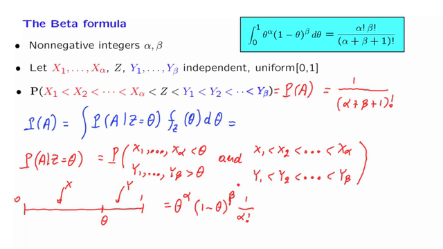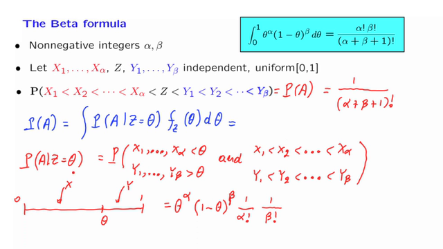And similarly, if I tell you that the y's all fell in this interval, by symmetry, the probability of a particular order is going to be 1 over the possible number of orders, which is beta factorial.